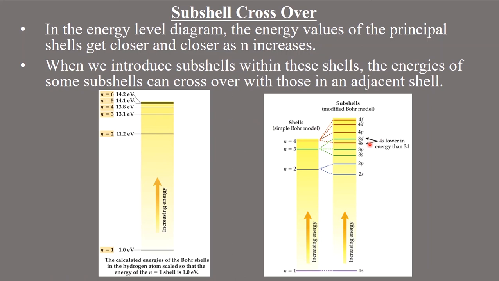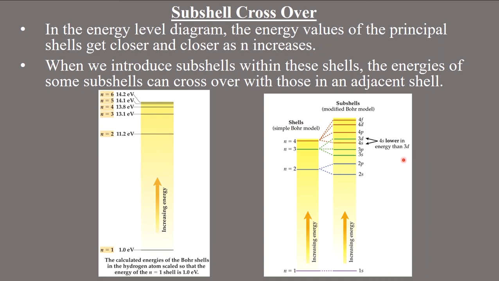If you look at this energy level diagram with subshells, you will see that 4s subshell is actually lower in energy than 3d subshell. Additional crossing over you can see when we proceed beyond n equals 4.